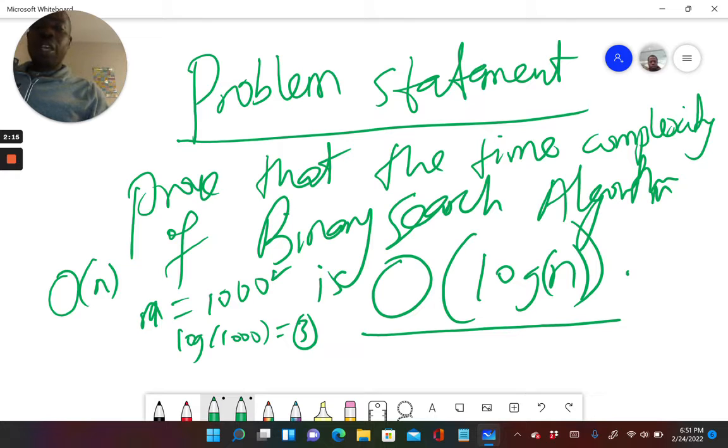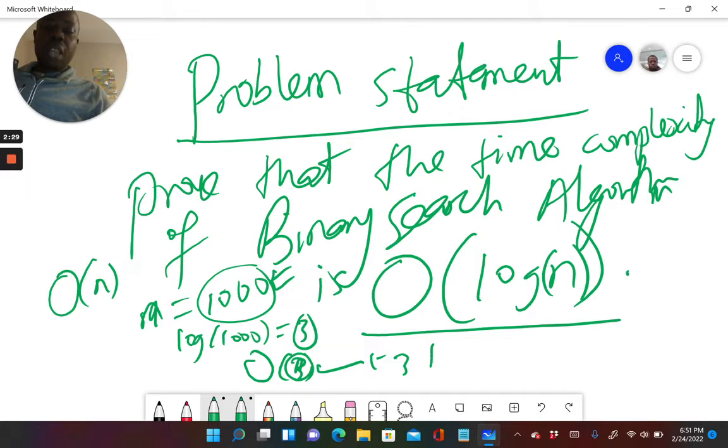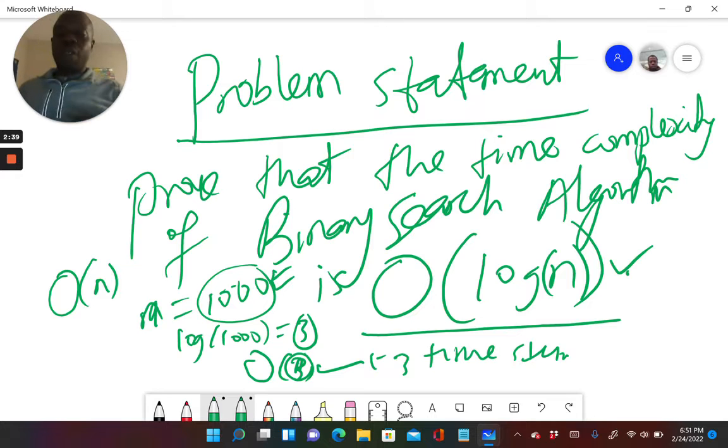So for this particular n, the time complexity is going to be order of 3. So now 3 compared to 1000. So this is 3 time steps, while this one is 1000 time steps. That's just a rough explanation of why O of log n is faster than O of n.